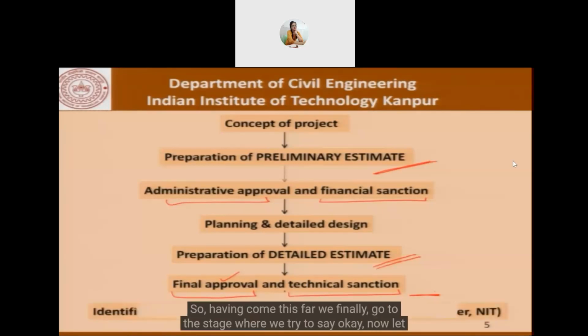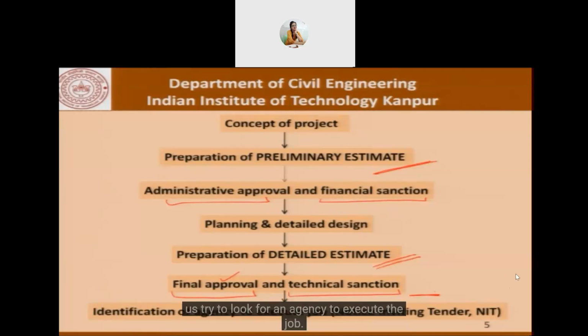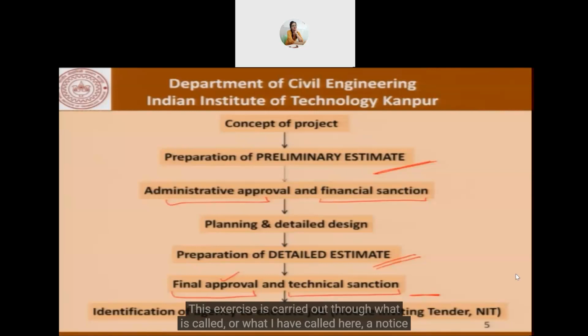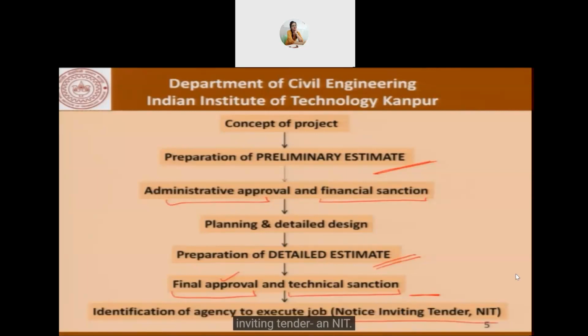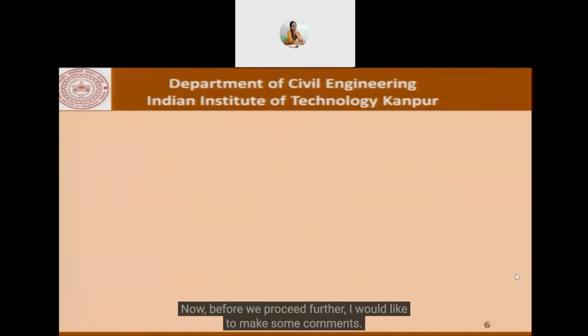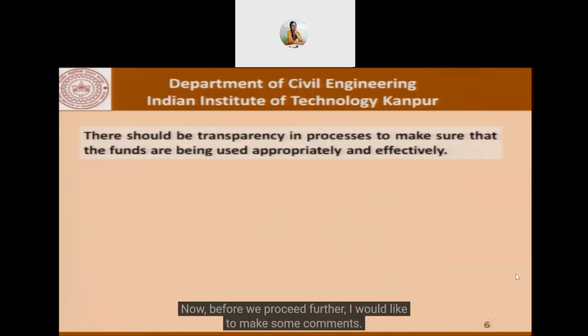Having come this far, we finally look for an agency to execute the job, and this exercise is carried out through what I've called here a notice inviting tender, an NIT. Before we proceed further, I would like to make some comments.